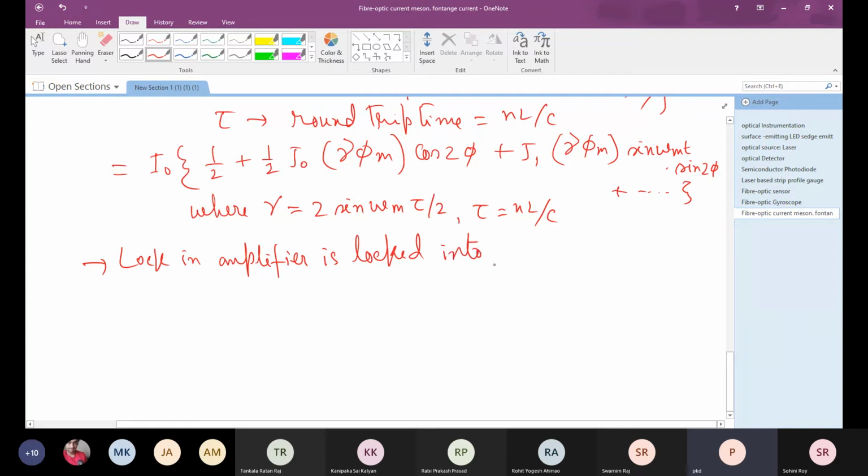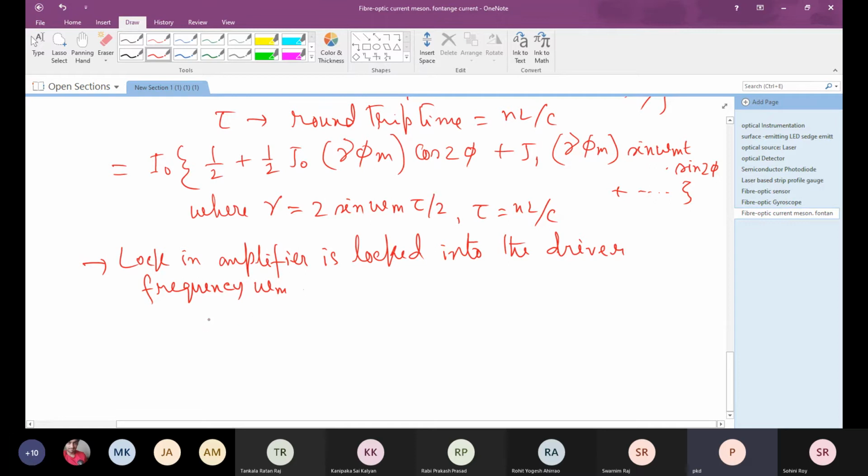Locked into omega m, locked into the driver frequency. Omega m.